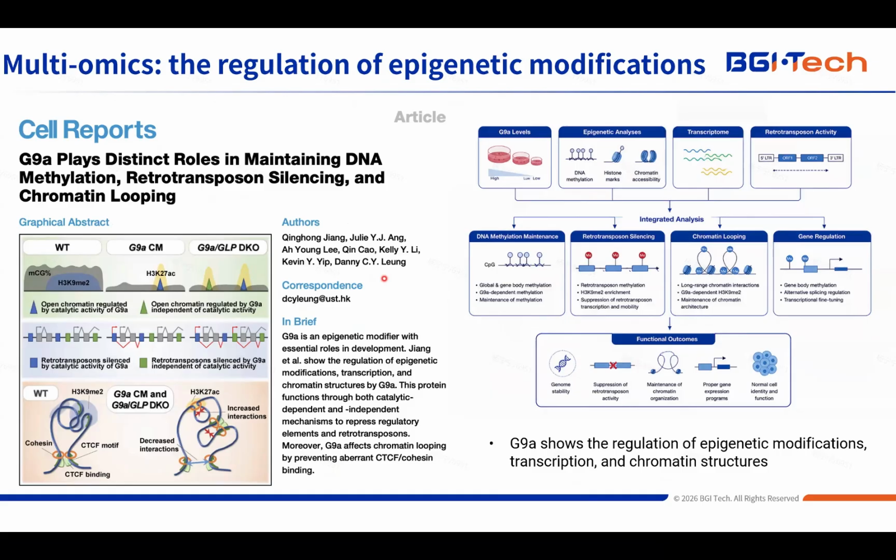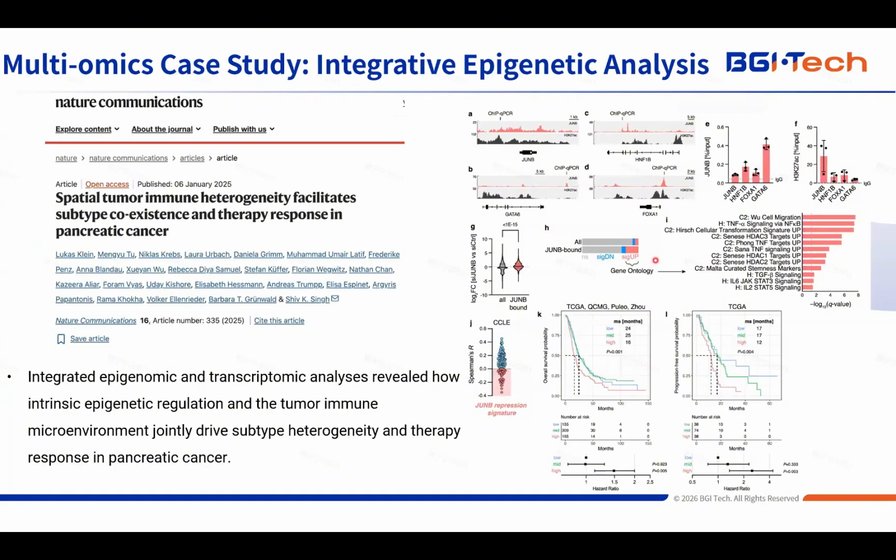And in the study, the researchers used multi-omics technology and found that G9A shows the regulation of epigenetic modifications, transcription, and chromatin structures through different mechanisms. And there is another example for integrated multi-omics analysis.